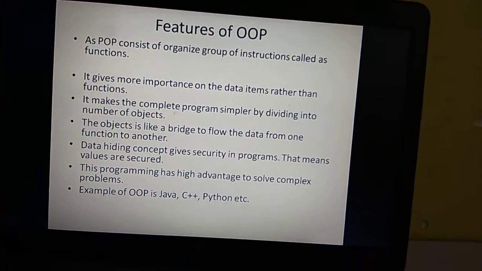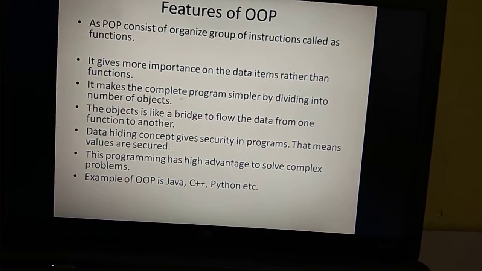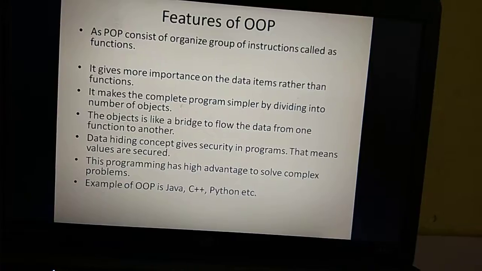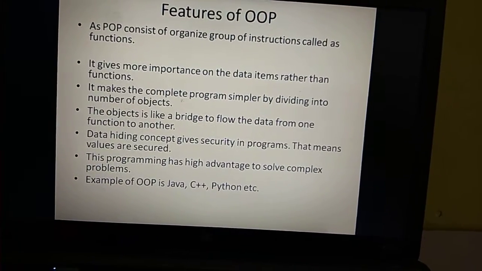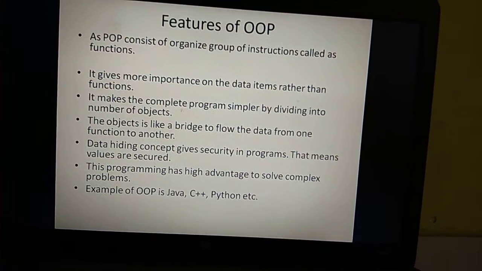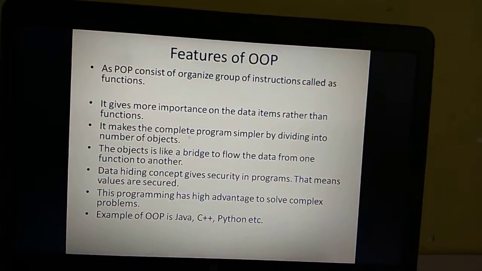So data hiding security was given in the object oriented programming concept, and it was able to solve lengthy and complex programs also. Examples were C++, Java and Python.